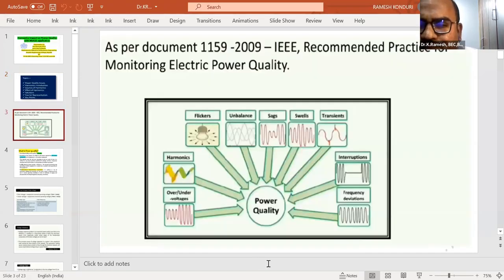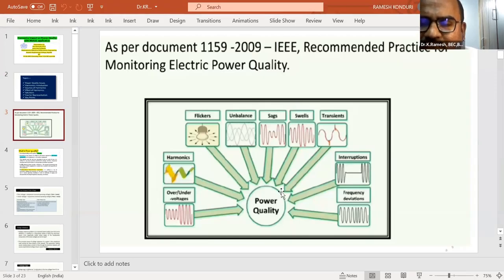If we take up the power quality issues, they would be these, as per this particular document, 1159/2009 IEEE. This is the recommended practice for monitoring electric power quality.